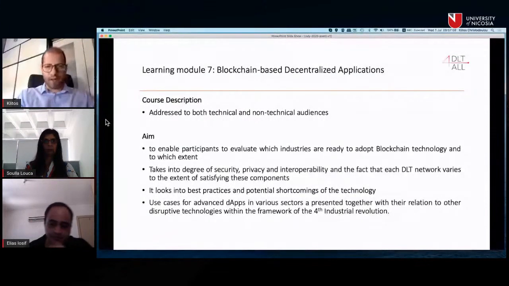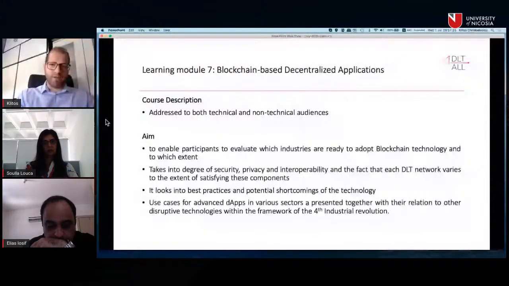In this particular slide, I will be presenting the details of one of these learning modules, which the University of Nicosia is responsible for designing and delivering. This has to do with blockchain-based decentralized applications.